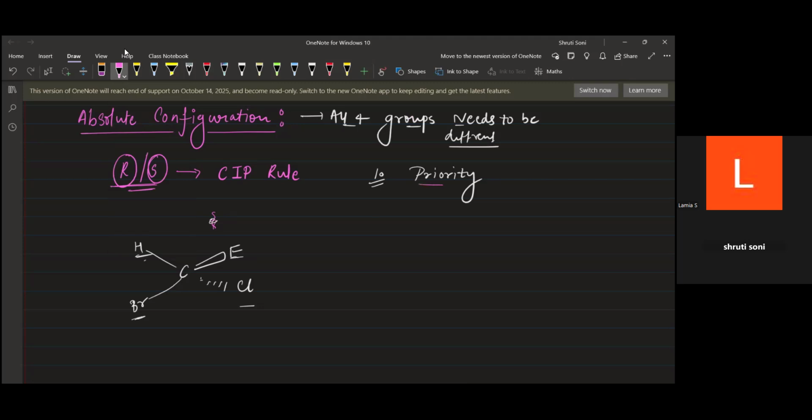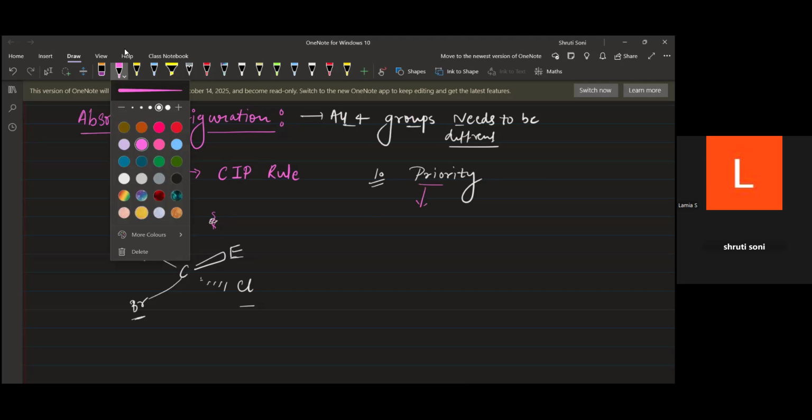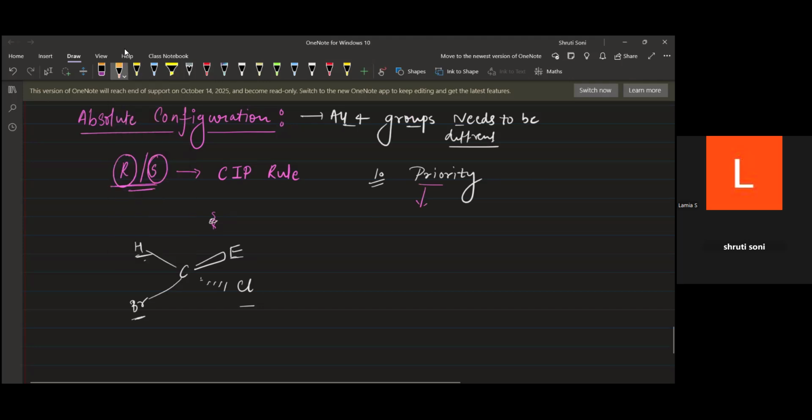Priority means as the atomic mass increases, the priority of any group will also increase. Okay, that is the first rule.